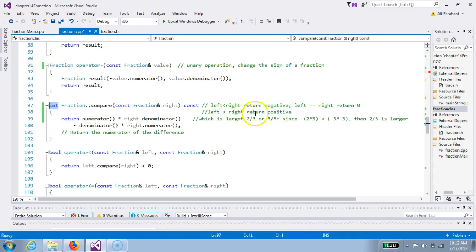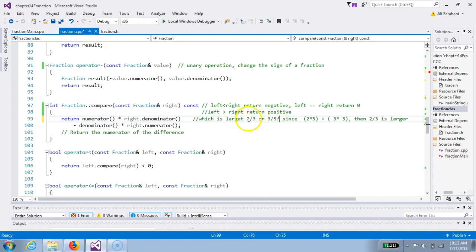Now, here is basically the operation that's being done in the compare function. How do you compare two fractions? For example, between these two fractions, which one is the larger of the two, 2/3 or 3/5? One way to figure this out is to cross multiply.